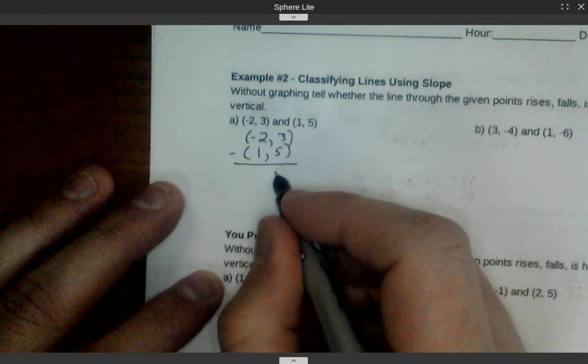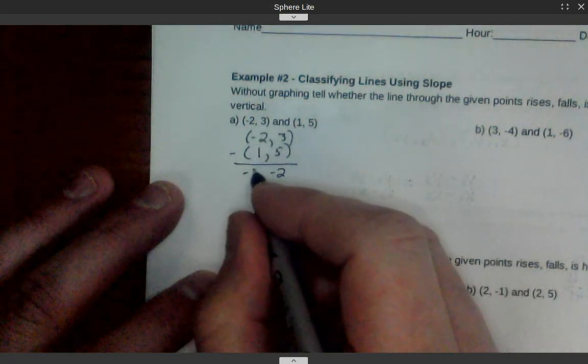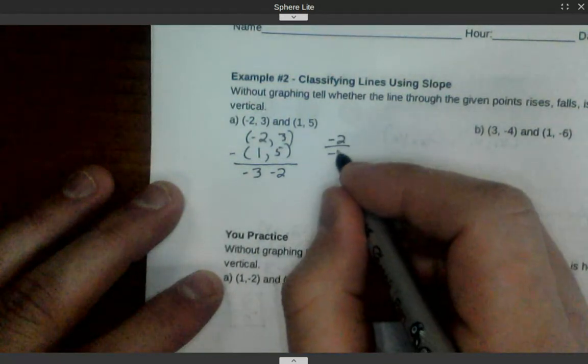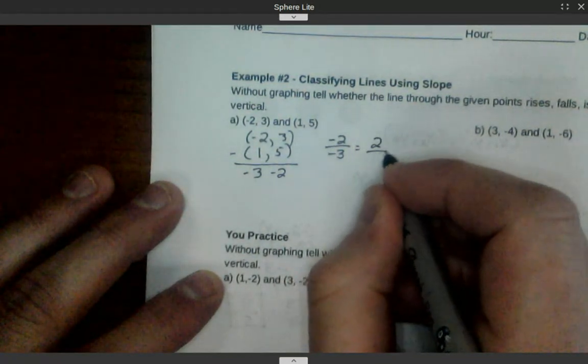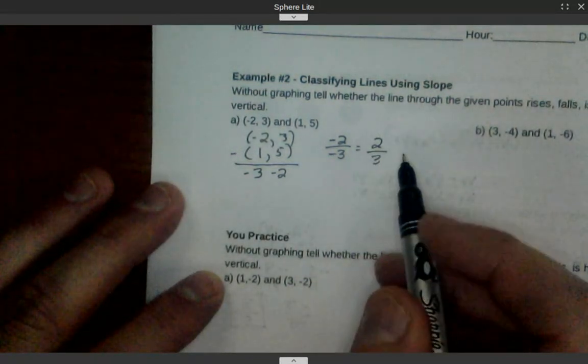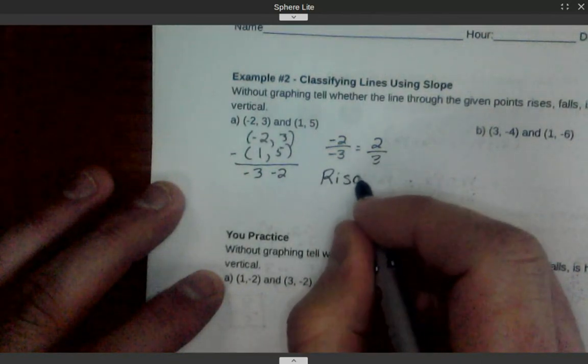So 3 minus 5 is negative 2. Negative 2 minus 1 is negative 3. I put my y over my x, so negative 2 over negative 3 gives me 2/3. Since my slope is 2/3, I know it's positive, so I know that my slope rises.